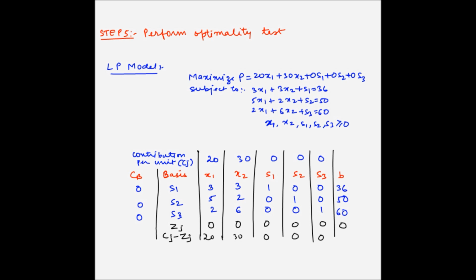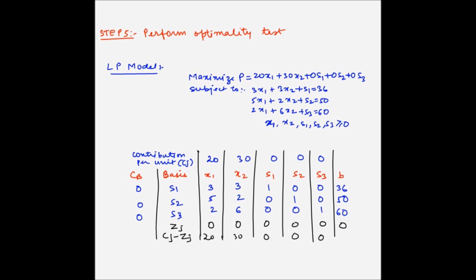However, a negative value will indicate the amount by which the profit will be decreased if a unit of the corresponding variable is introduced in the solution. So in case all the values are negative or 0, the current solution is optimal because there is nothing you can do to increase the profit. Whatever product you introduce in the solution will only decrease the profits.